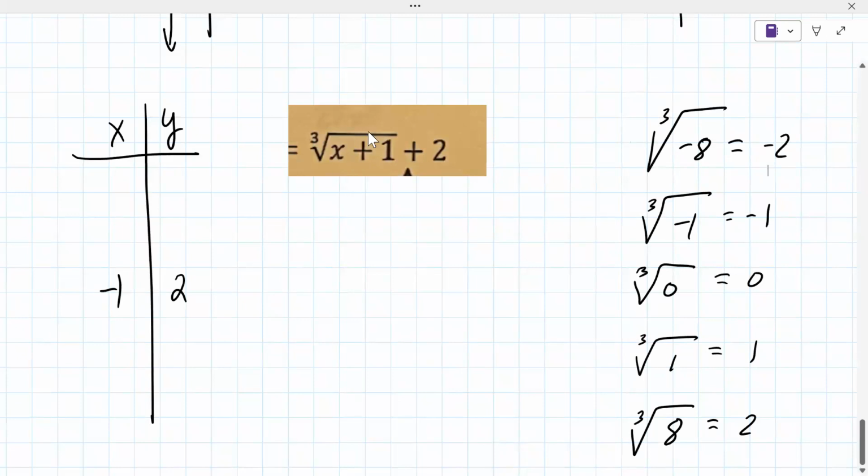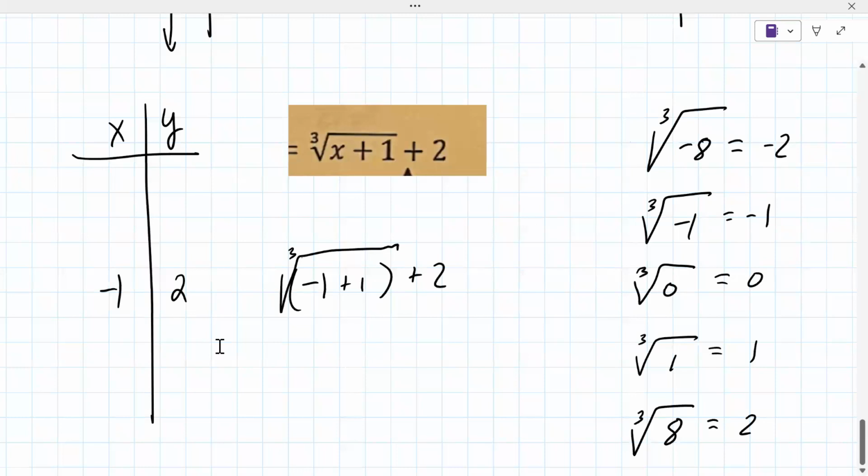Now, the reason this one works is because when you put -1 in for x, you get -1 plus 1, cube root of that, plus 2. This becomes the cube root of 0 plus 2. Cube root of 0 is 0. 0 plus 2 is 2. Is that okay? Clear? Yeah.